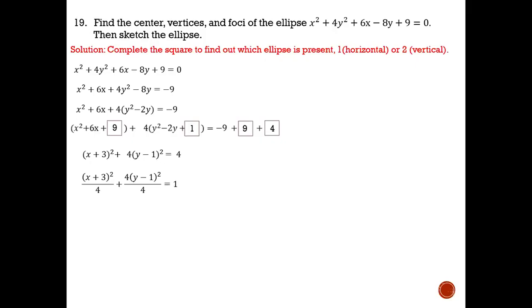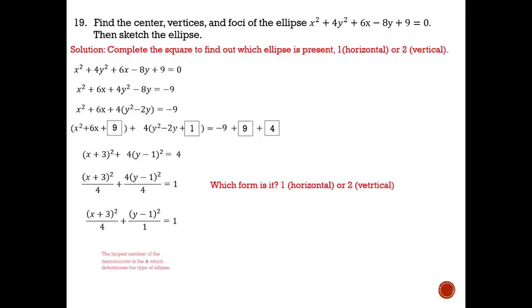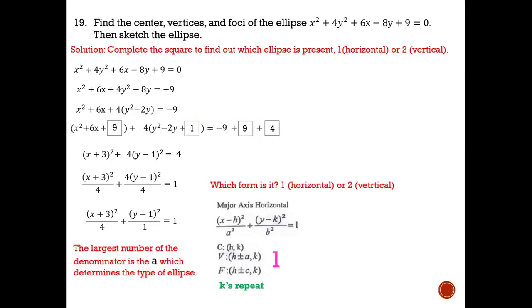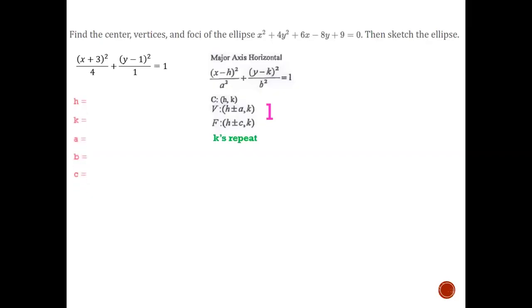Having it in this format, I'm able to answer the rest of what they're asking. It's easy to see here that my center got shifted 3 units to the left, 1 unit up. So my vertex here is again using the formulas, but let me skip through these.